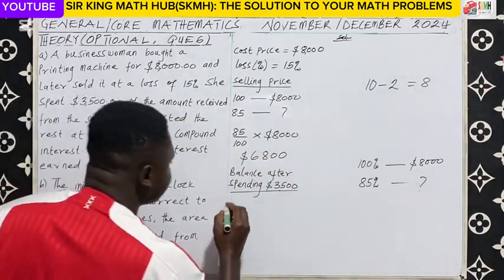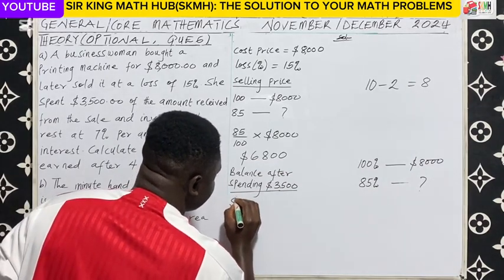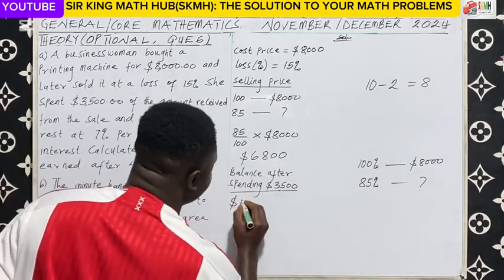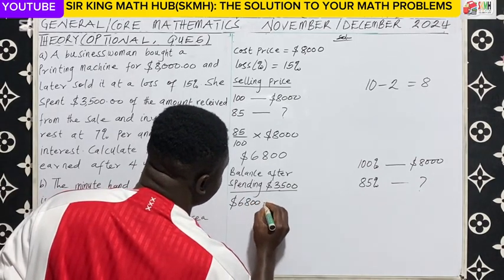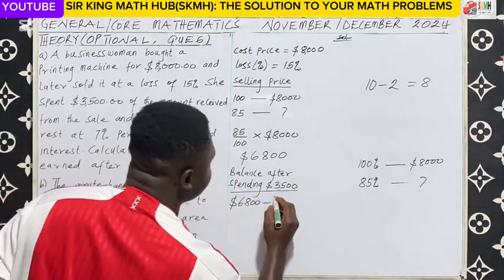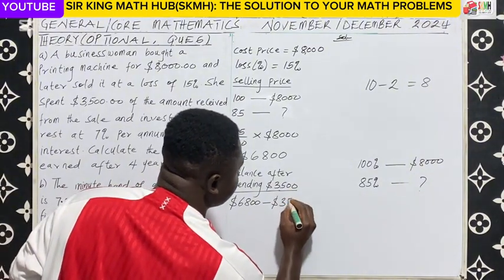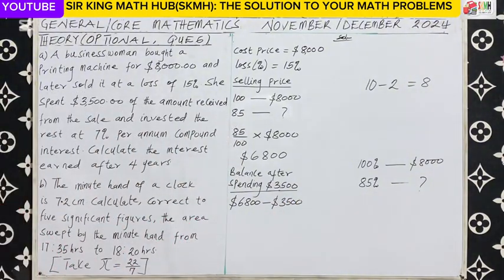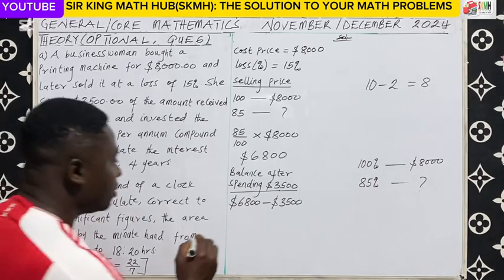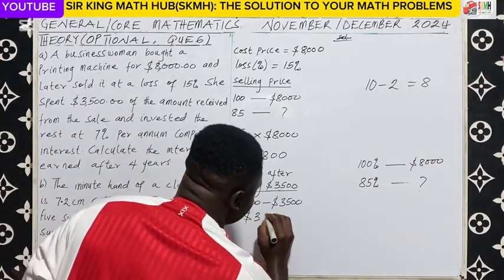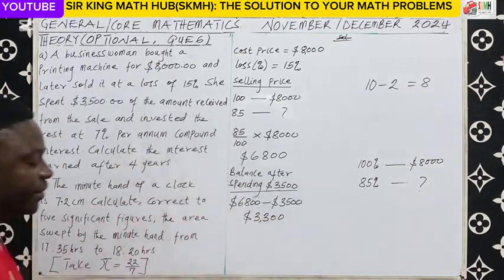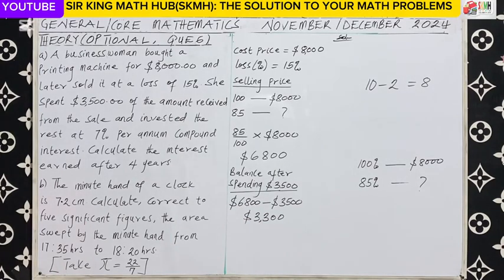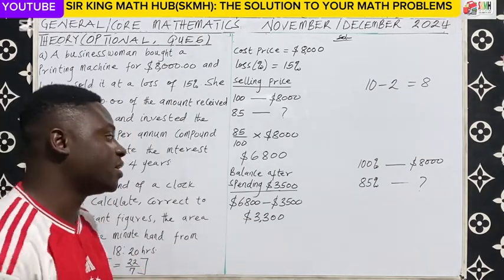So to calculate her balance, that is the selling price, which is 6,800 minus the amount she spent, 3,500. So now let's find the difference. 6,800 minus 3,500 is 3,300. So this is the balance after spending $3,500.